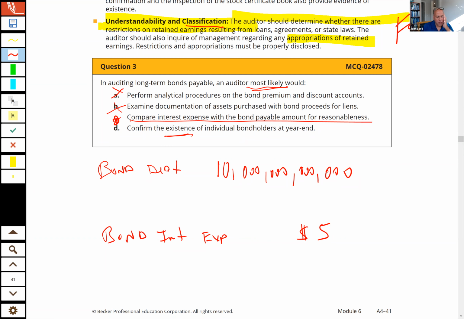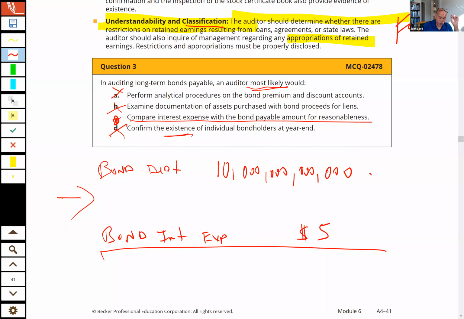No. The most worrisome assertion is completeness. When you start getting to completeness, you start finding yourself doing stuff like this, saying interest expense is not complete if they have sat here and tried to get us to buy into the idea that the bond interest expense is only $5 on $10 trillion of debt.